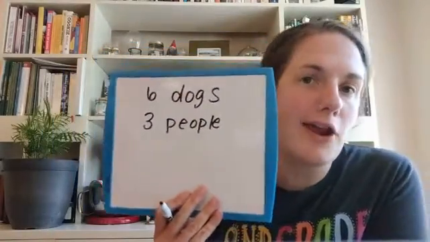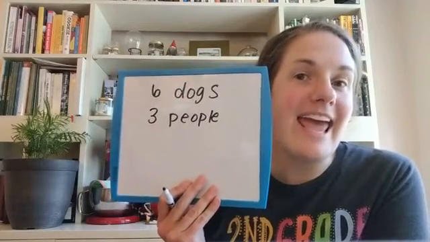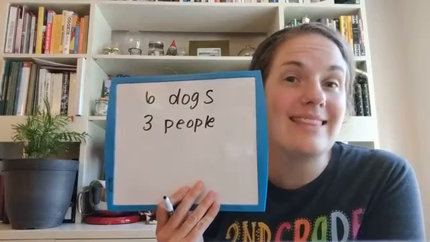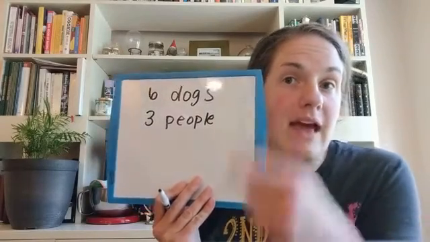How many legs do we see all together, if we see 6 dogs and 3 people? This is a story problem where you really have to think about 2 things. The first thing is, how many legs does a dog have? 4. How many legs do people have? 2.